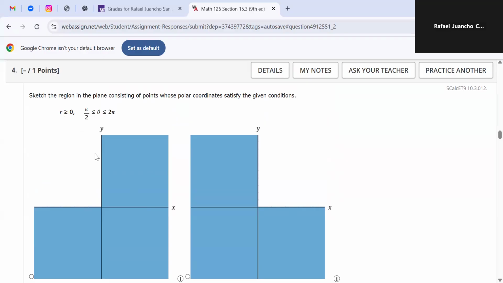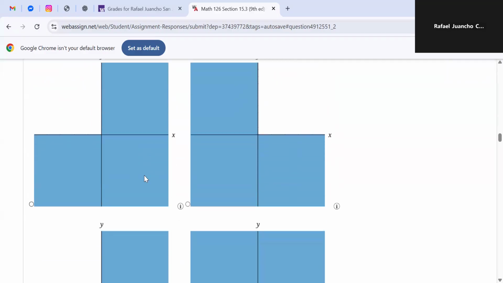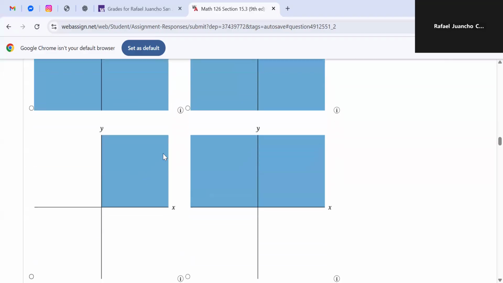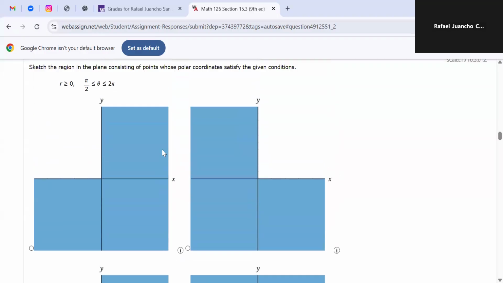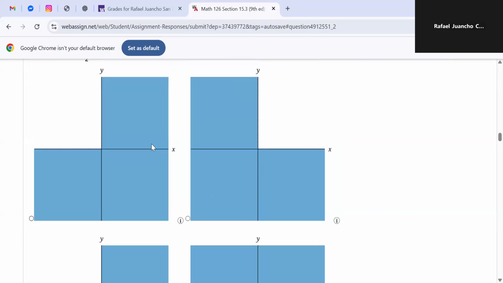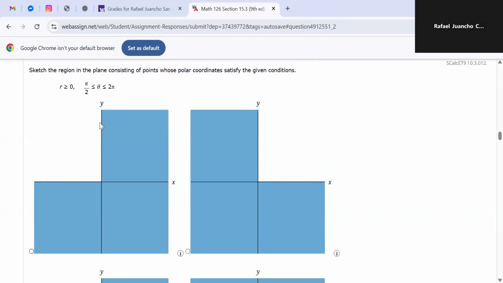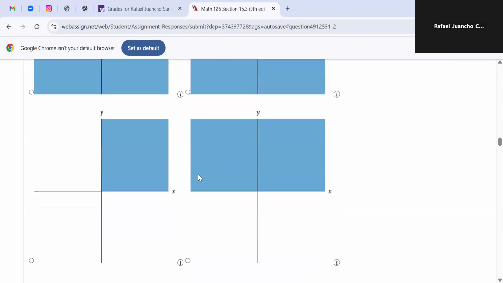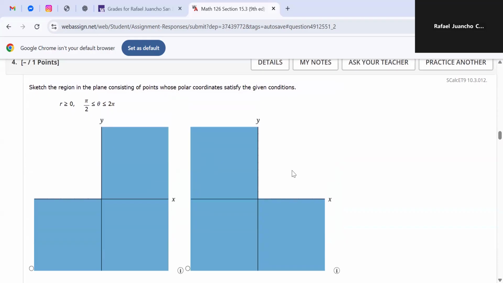My radius is either 0 or greater, but there's no such thing as a negative radius. Now, I can't really tell that because there is no circle anywhere. That's cool. Okay, what else? It just means that it goes beyond, I think.